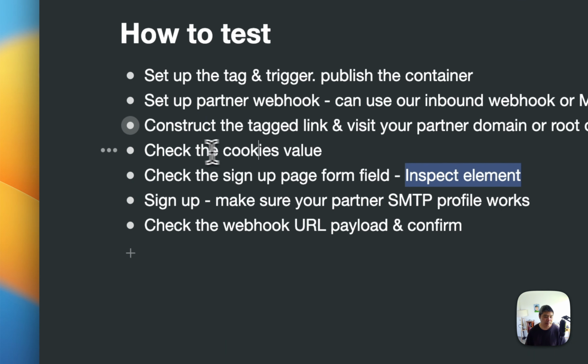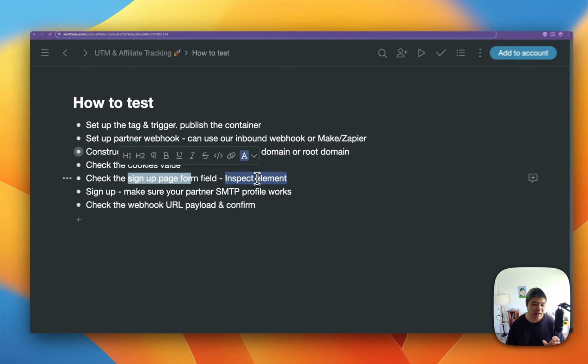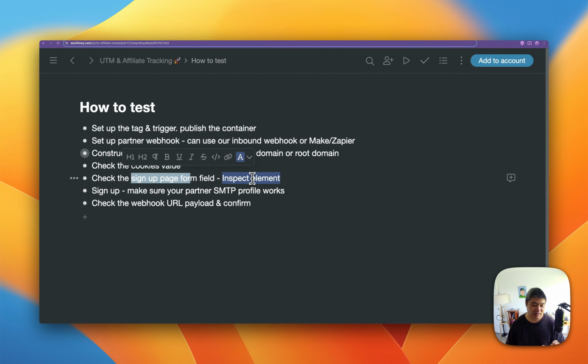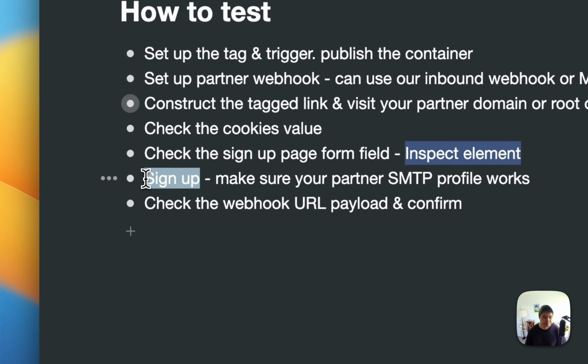And yeah, we have shown you that once you use those tagged links, you can, using the browser, go to the console to check the cookie value. And also you can check on the sign up page. You can inspect the elements. You should be able to see all the hidden fields that already have the value. Okay, and after you sign up, just make sure you received the emails.